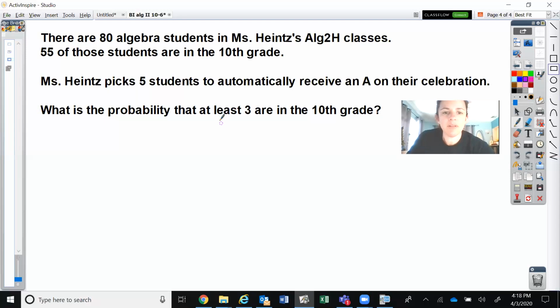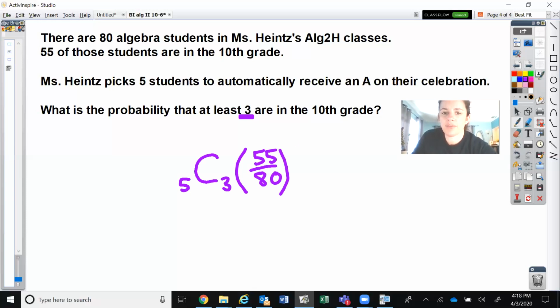So the probability that exactly 3 would be in the 10th grade would be, out of 5 students that I'm picking, I would need to choose 3 of them. That's how many orders there can be. And then the probability of being a 10th grader is 55/80ths, which we can reduce if you want. And I would need to have 3 10th graders.